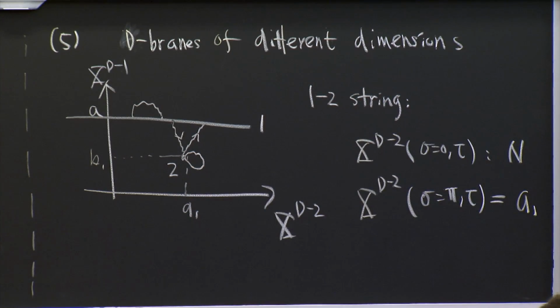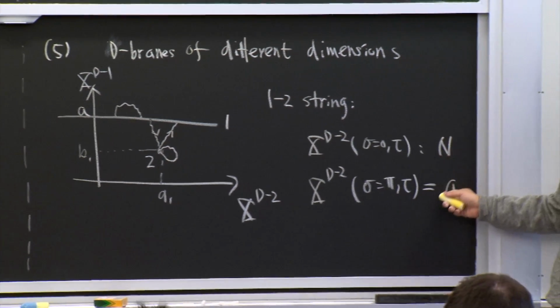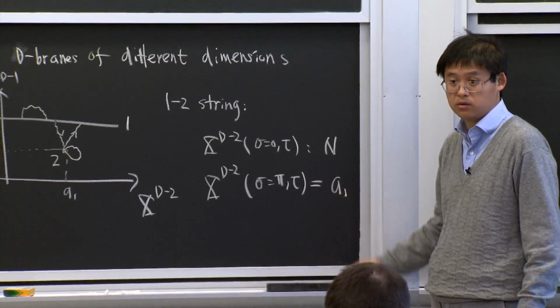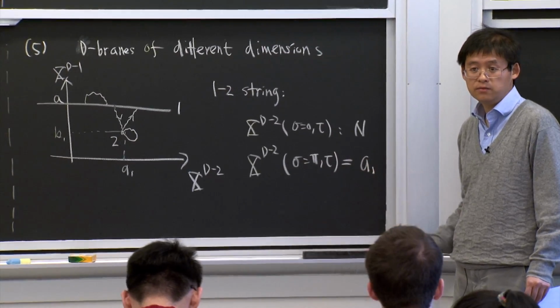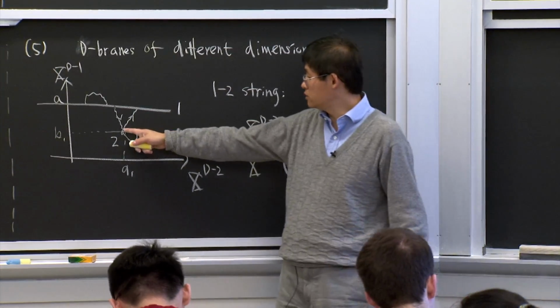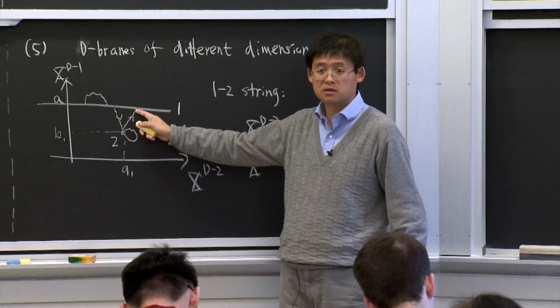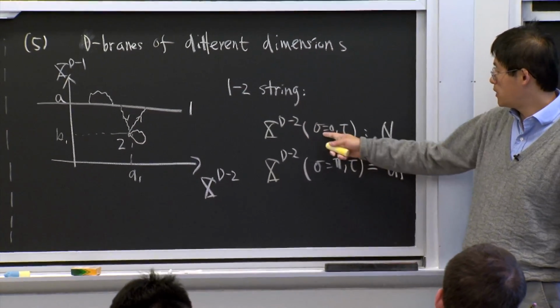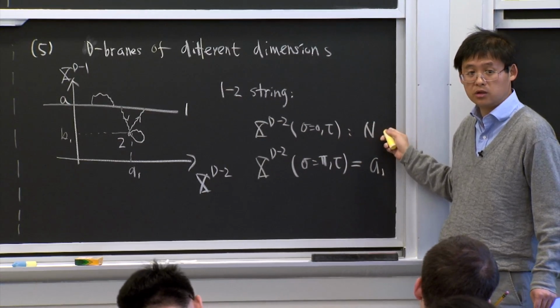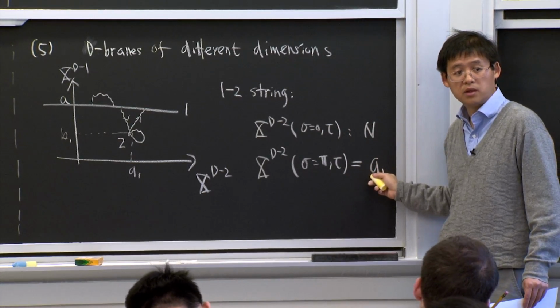Then you can have one end which is a Neumann boundary condition, but the other end which is the Dirichlet boundary condition. Okay, is this clear to you? And then for the 2, 1 string, it will be opposite. For the d minus 2 directions, at sigma equal to 0 it will be the Dirichlet condition, but at sigma equal to pi it would be the Neumann condition.